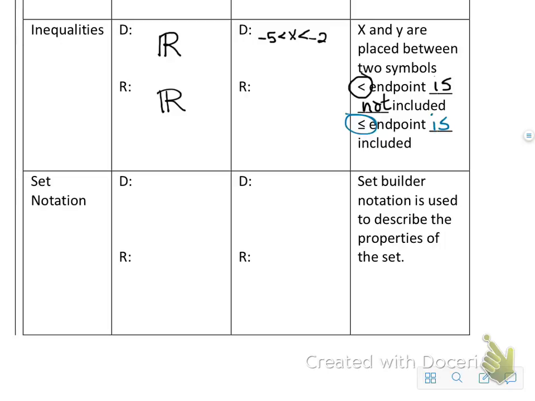Now, with our negative 5, it was a bracket, which means it was included. And if it's included, now we have to have that line underneath. So we put the line. The negative 2 does not need a line because it was not included. It had a parentheses.